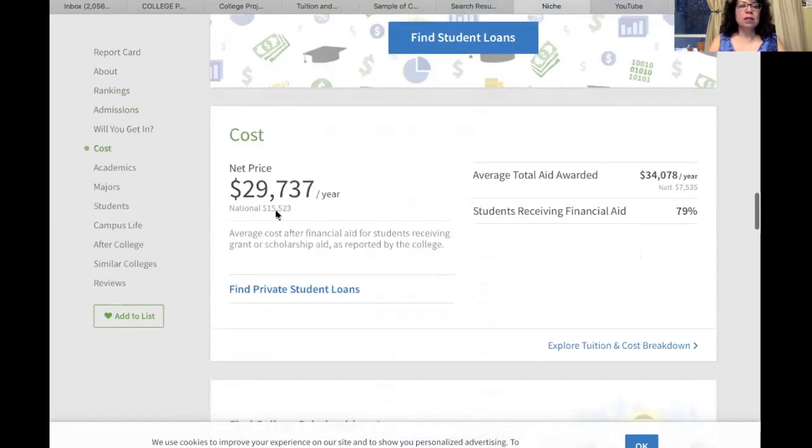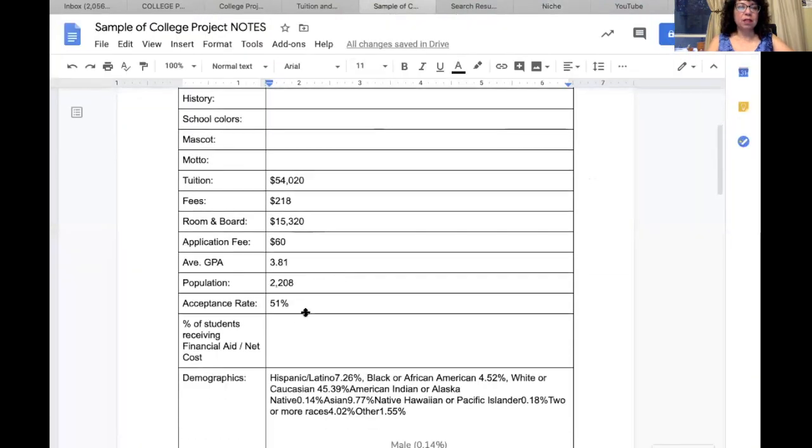And this is something that's important. Net price. That means what's the average amount that you're going to pay or your parents are going to pay outside of financial aid, and then how many people receive financial aid. This is important. So we're going to go back to the net price and financial aid. It was 79%. That's a lot of students.